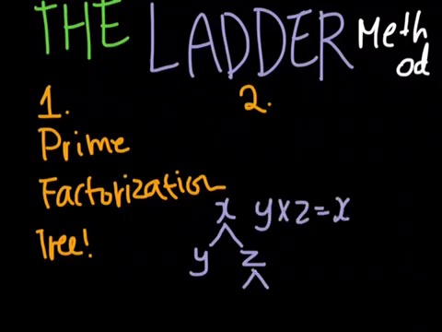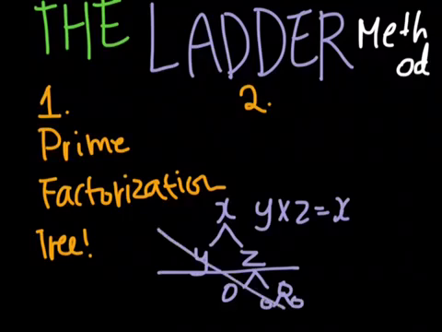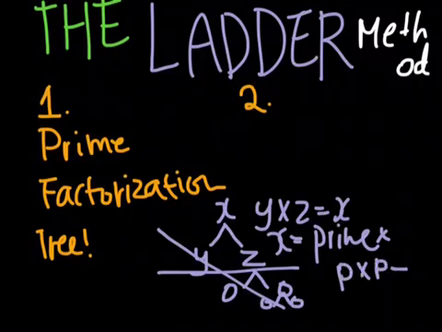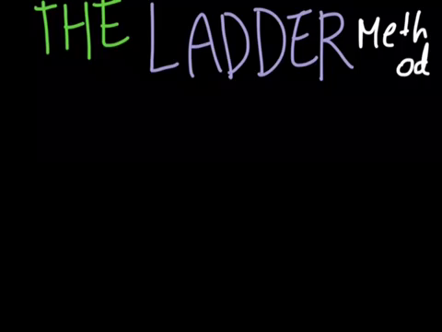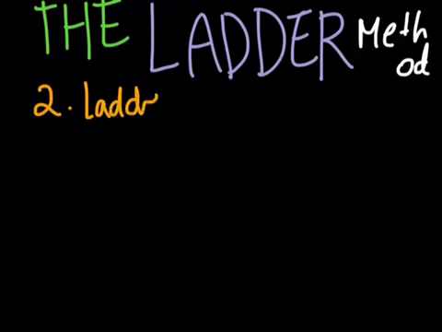You can stop here if both of those are prime, or you go on and on until all of x is written as prime times prime, however many of those you have. But right now we're not focusing on that. What we're going to do is the second method, which is the ladder method.